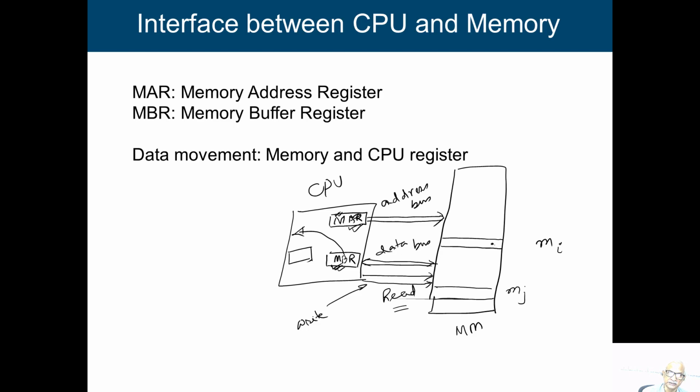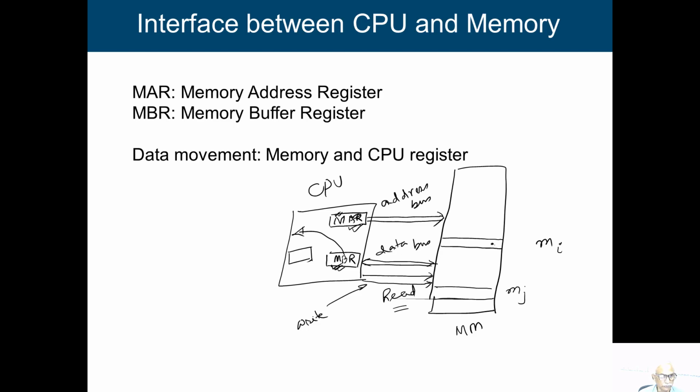These are generic names, but depending on the processor organization, we may get different names also. All processors have these four registers, and we say these are the special purpose registers because these registers are used for specific purposes.